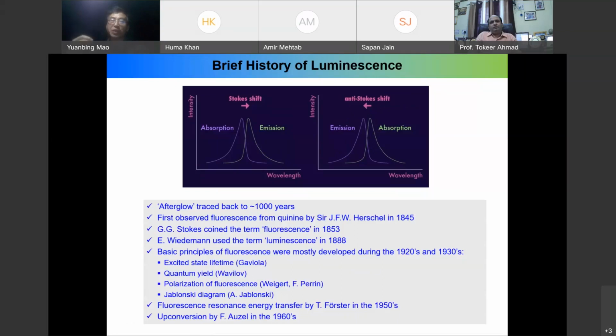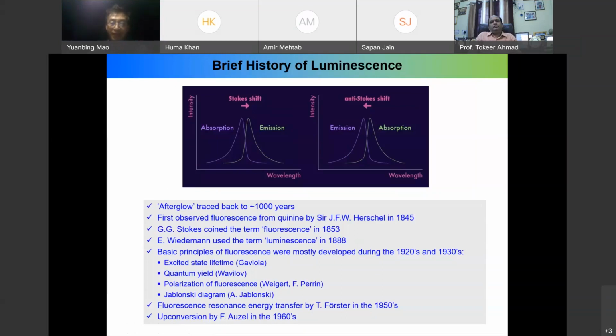I also want to talk a little bit about the history of luminescence. Afterglow, and nowadays there are sometimes we hear about these terms. Afterglow can be traced back about 1,000 years. In Chinese history, they were recording this afterglow about 1,000 years ago.